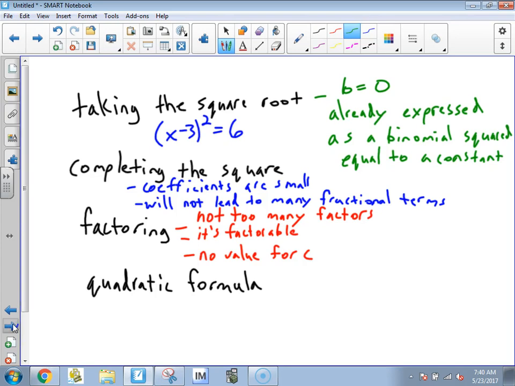So something like this. 4x squared minus 6x equals 3. Where you can actually take the square root of 4x squared and get 2x. That would be a situation where it might be best to complete the square. Coefficients are the numbers in front of the terms like x and x squared. So you don't want something like 56x squared.